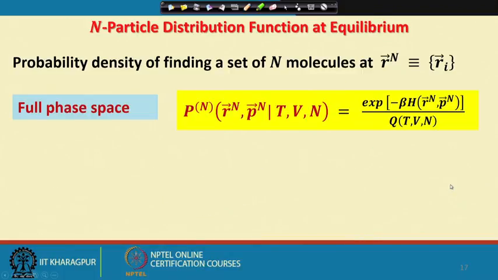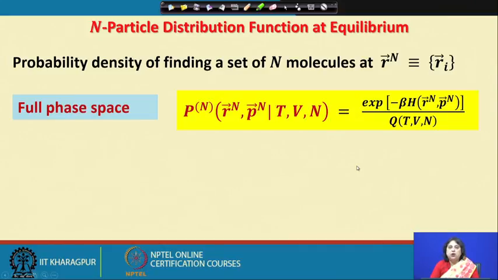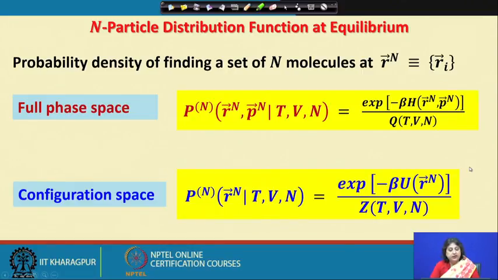And therefore, if I compare, in the full phase space the equilibrium probability density of finding a set of n molecules at a given configuration is dependent on the total Hamiltonian, and it is normalized by the canonical partition function. On the other hand, in the configuration space, the associated probability density is dependent only on the potential energy, and it is normalized by the configuration integral.